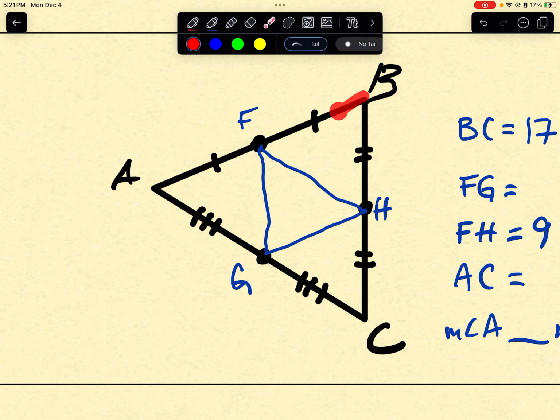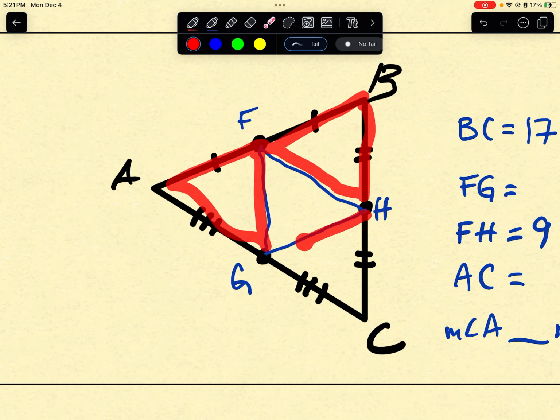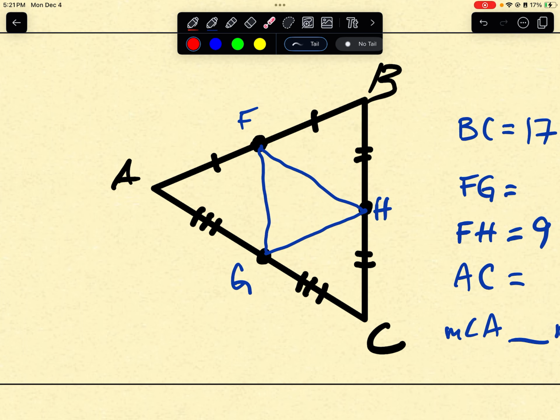Now you should notice that I have three triangles that all go one direction, and I've got a fourth triangle that goes the other direction, and those triangles eerily look like they might be congruent. Well, guess what? They are.